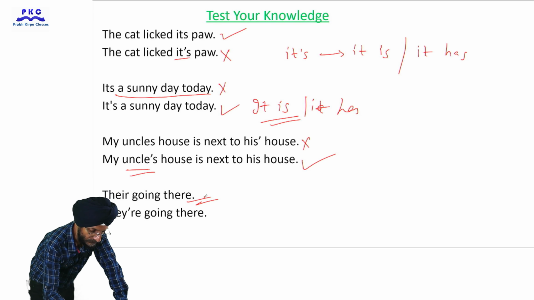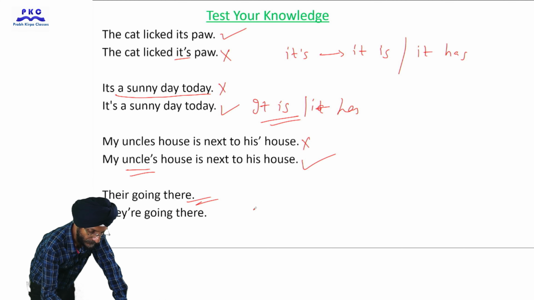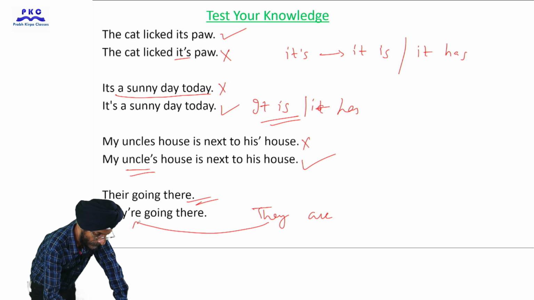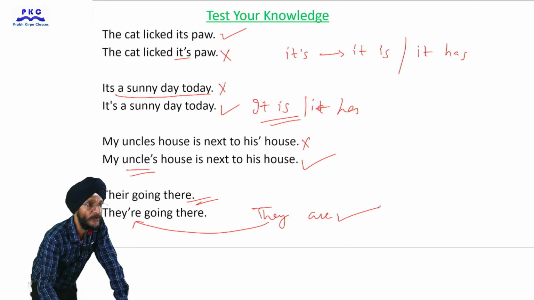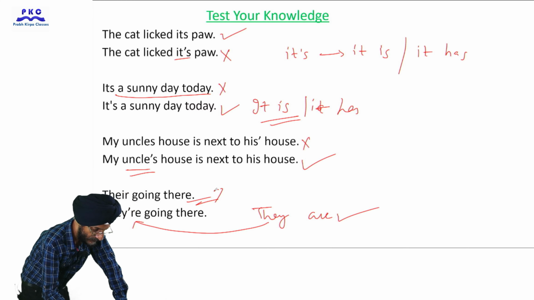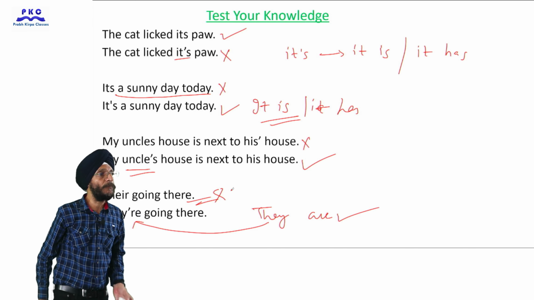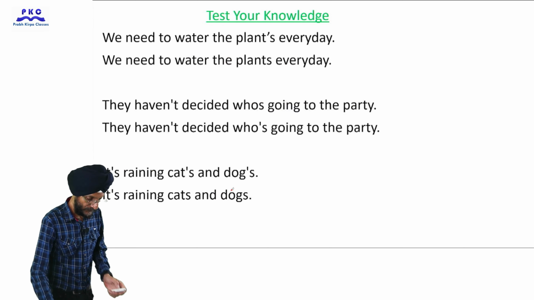They're going there. The other is they are going there. They are. So it is correct. They are going there. The contraction is proper by way of use of apostrophe. The sentence is not proper here. First, theyre going there is not proper.